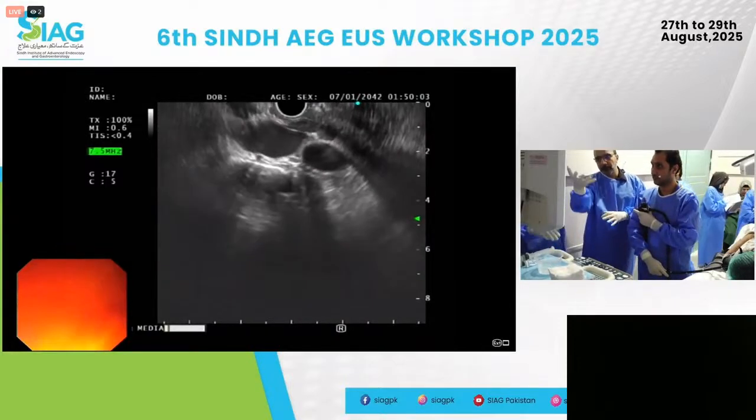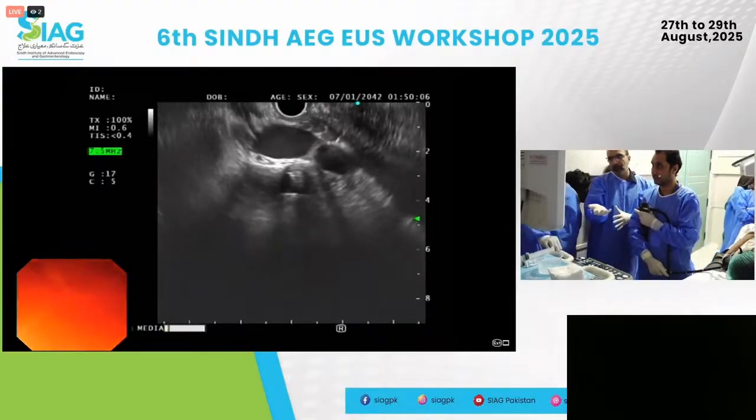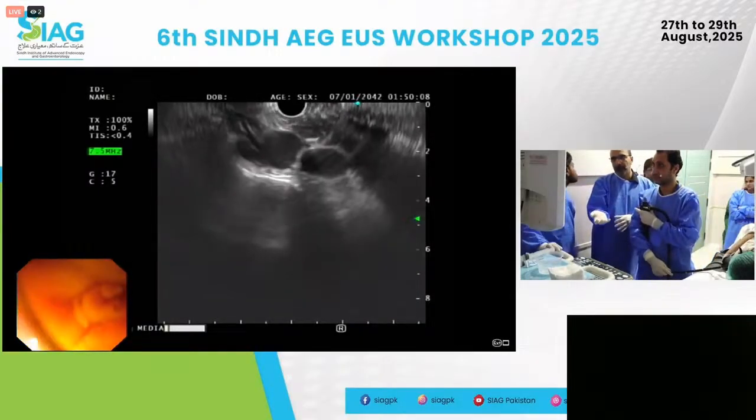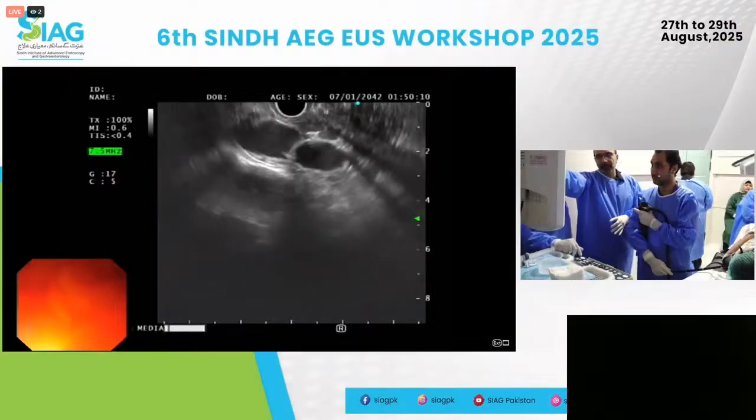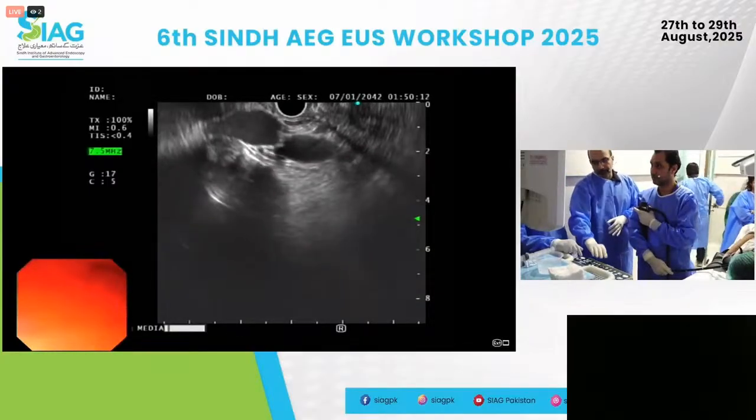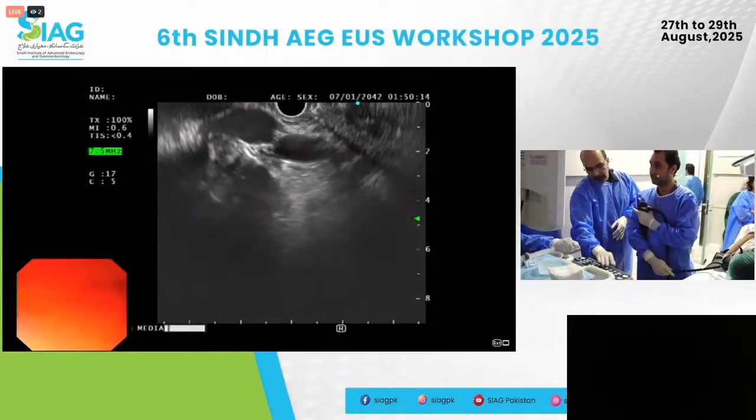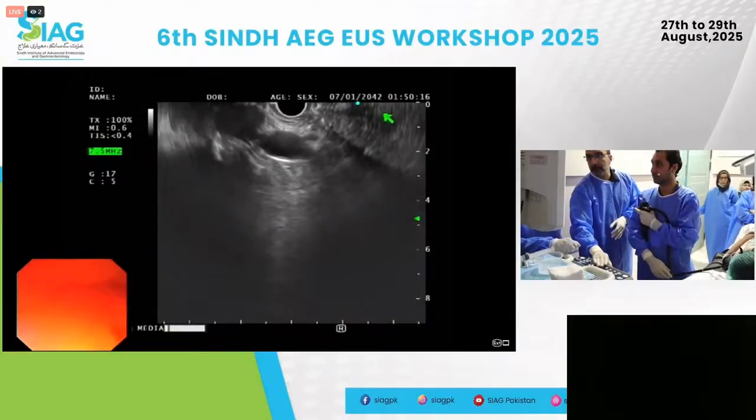So pull back the scope, relax the big wheel. Relax your big wheel, pull back the scope. Maintain that PD, okay? So pull back the scope. That PD right now, where's the cursor?